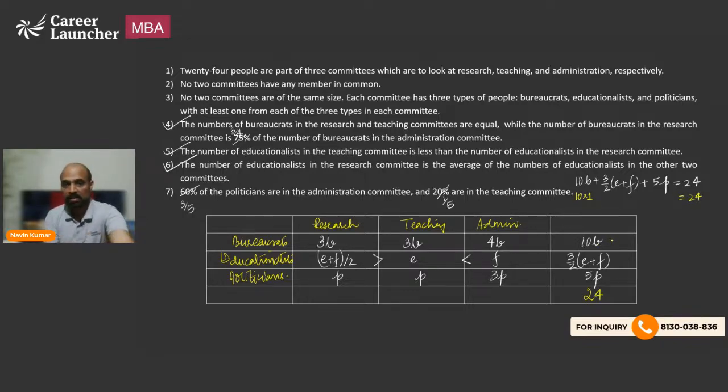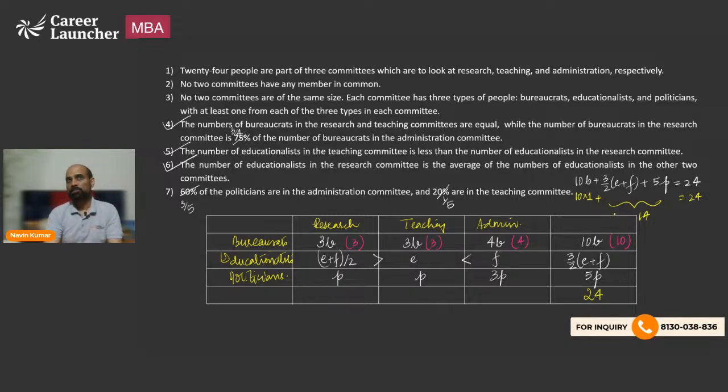That would mean there are a total of 10 bureaucrats, out of which there are 4 admin, 3 teaching, and 3 research. Okay. Next, this is 10. So we need 14 from here. Now, if you pay attention, the second term is a multiple of 3 and the third term is a multiple of 5, because the sum should be 14.